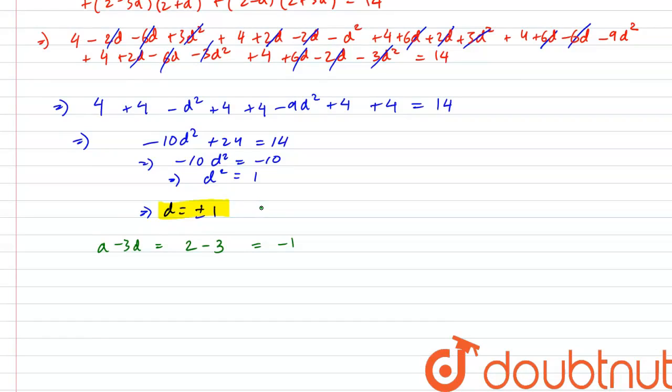So we can take D equal to positive 1. So we have the first root, then A minus D, this will be 2 minus 1, which is 1, then A plus D, which will be 2 plus 1, that is 3, and A plus 3D, which would be 2 plus 3, that is equal to 5. So our roots are minus 1, 1, 3 and 5.